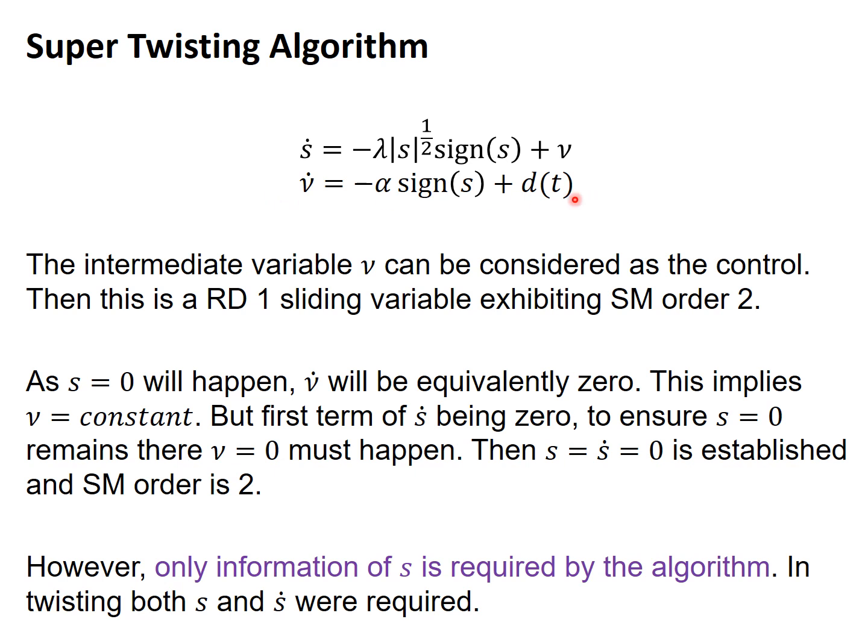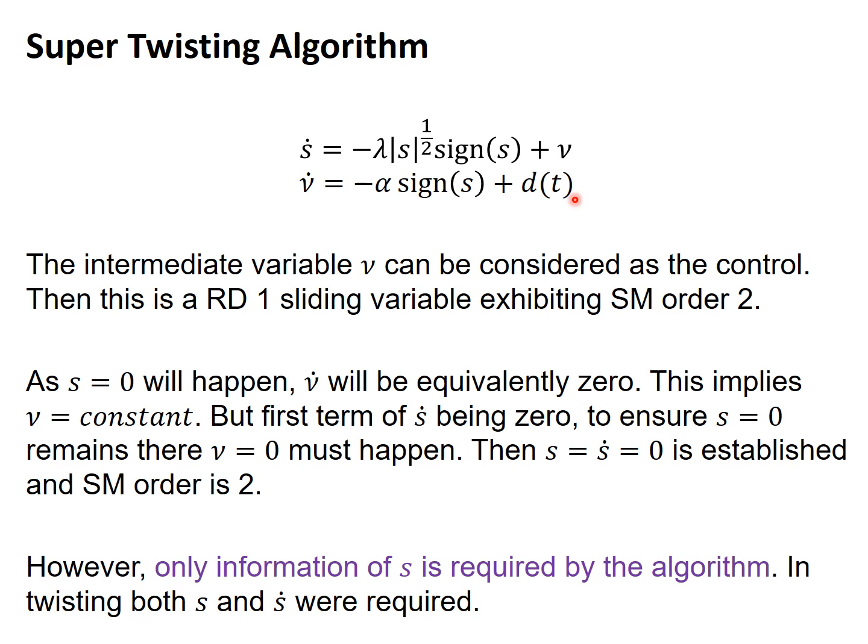That can be done. So, there you see that the RD1 sliding variable can also be fit into this super twisting algorithm very easily, and this will be one of the assignments. So, be prepared to do that.